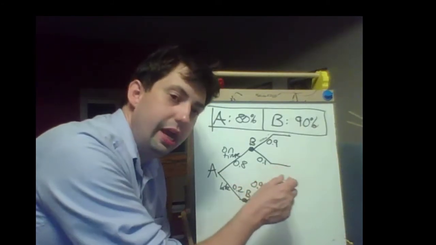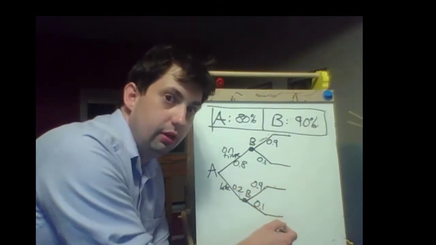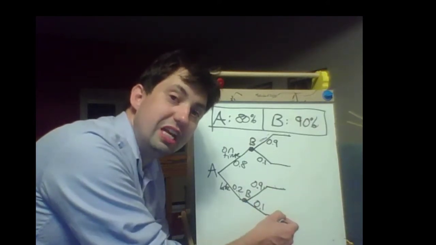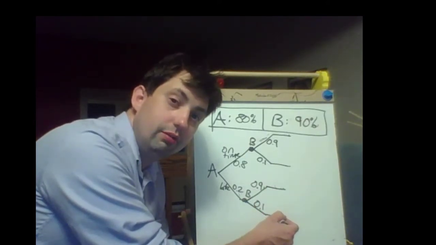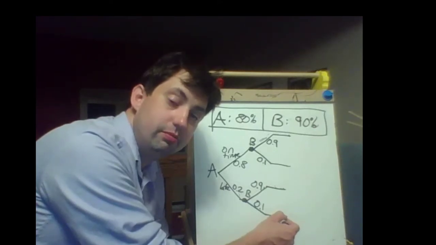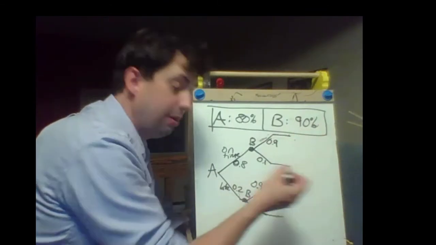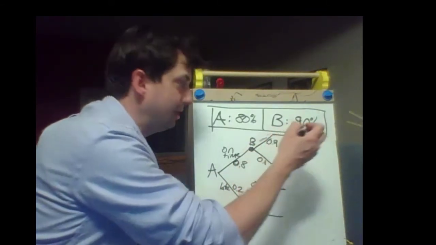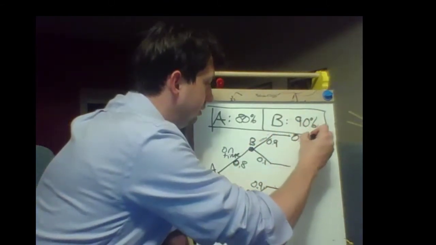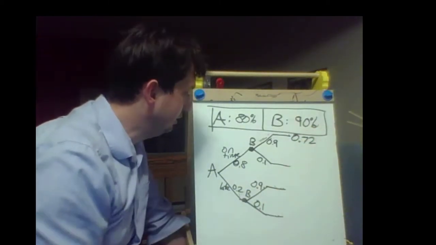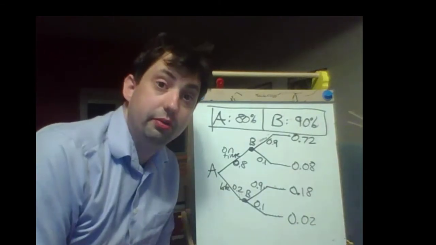Even though A is late in both of these scenarios, each one of these paths represents a unique sequence of events, a unique sequence of outcomes. So we can figure out the probability of each outcome by multiplication. This happens and this happens. 0.72 for probability.